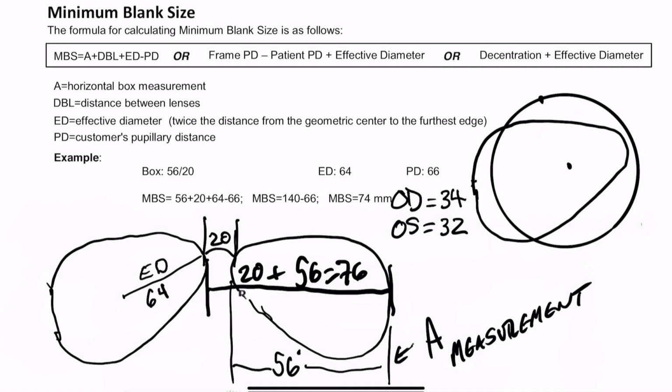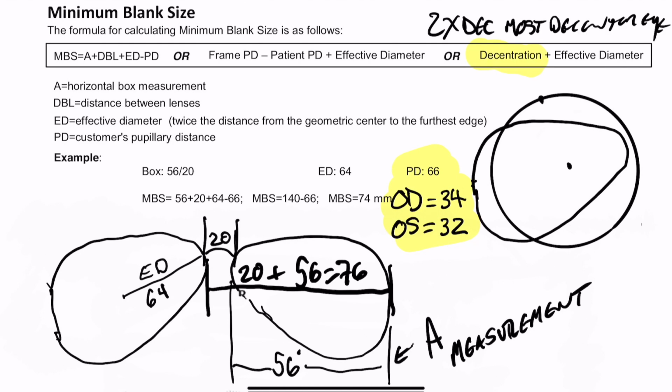One minor add to the minimum blank size calculation. You'll see here that I changed the PD to a monocular PD. You need to be mindful of this, because if they give you monocular PD and you're looking for the minimum blank size, it's going to be the minimum for the eye that is decentered the most. So remember, decentration here is really 2 times the decentration of the most decentered eye.